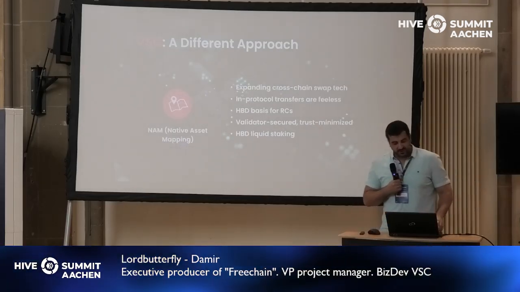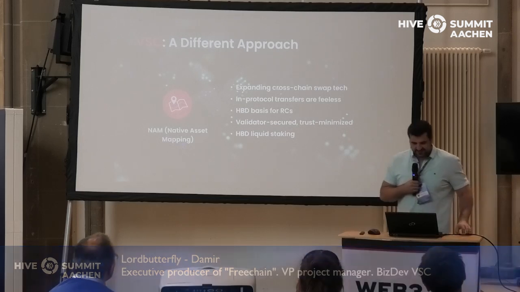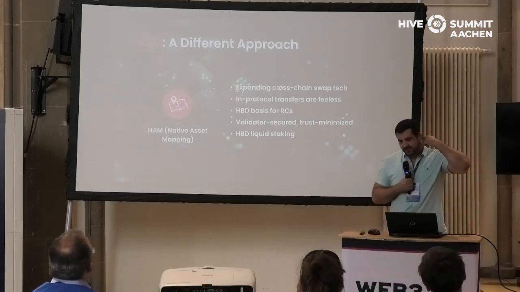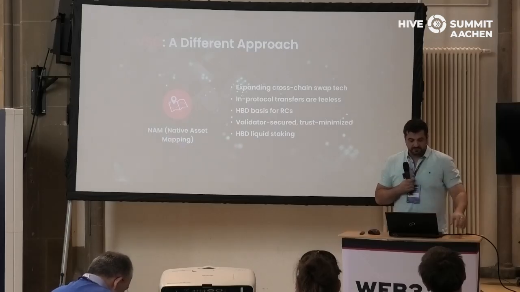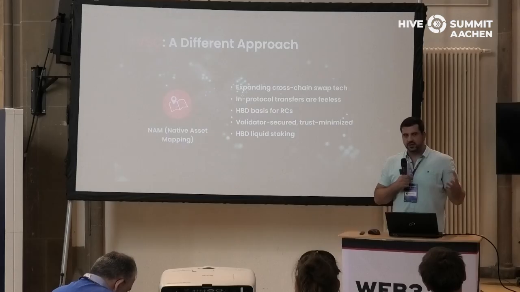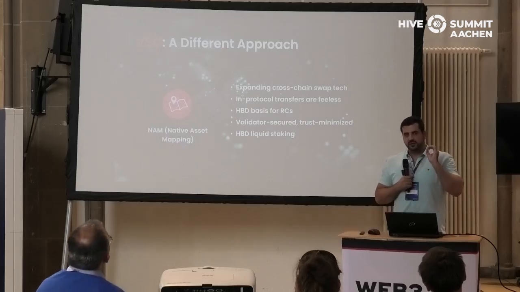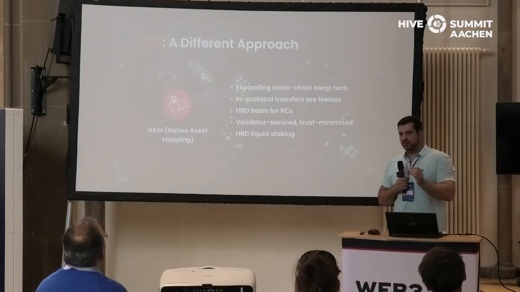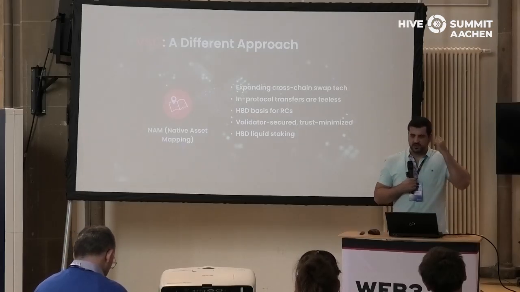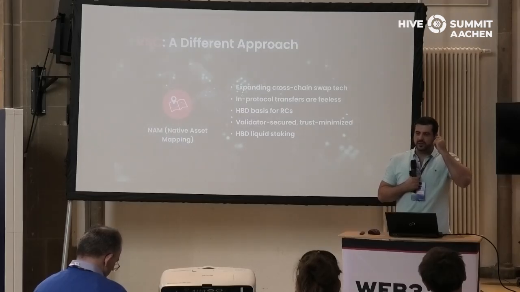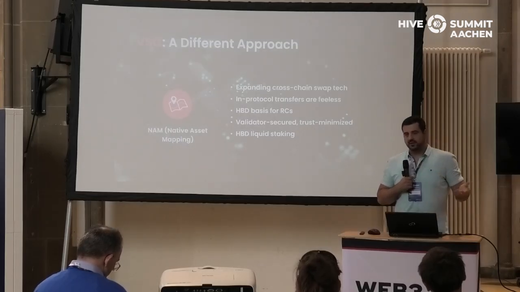Now to go on to the third functionality, that being native asset mapping. This is the evolution, as I said, of the technology that exists with cross-chain swaps. What this actually does is allow different blockchain wallets to hold tokens from whatever other blockchain. So for example, which is currently in action, you can hold Hive tokens and HBD tokens inside a MetaMask wallet address, inside an Ethereum wallet address.